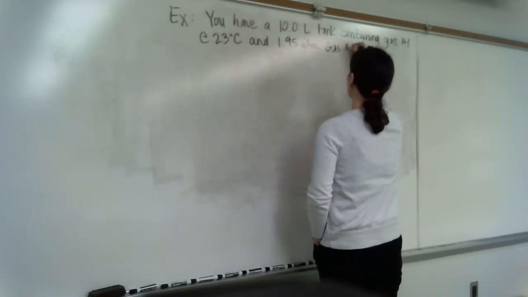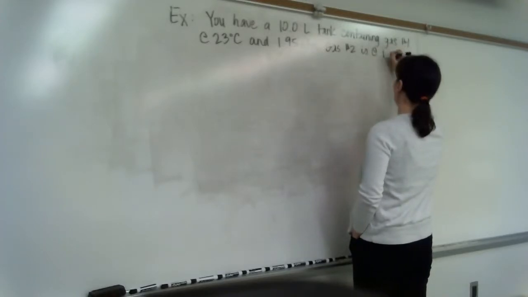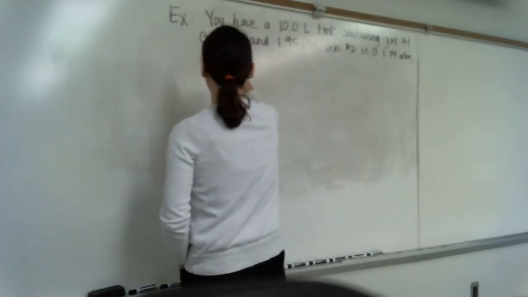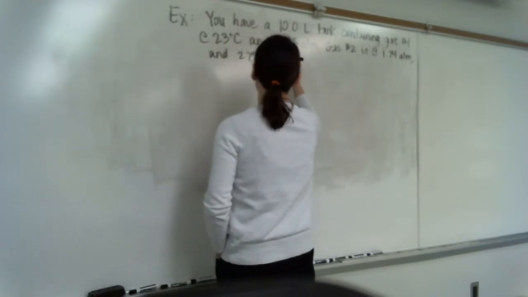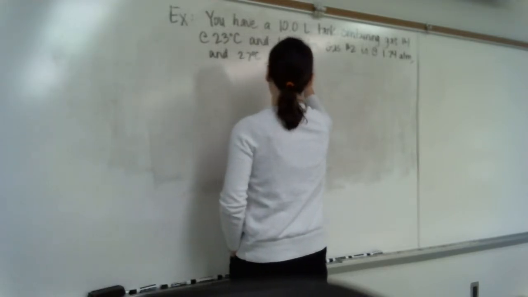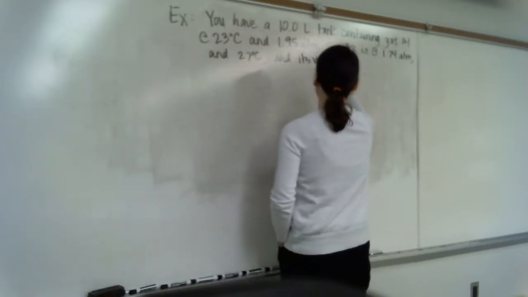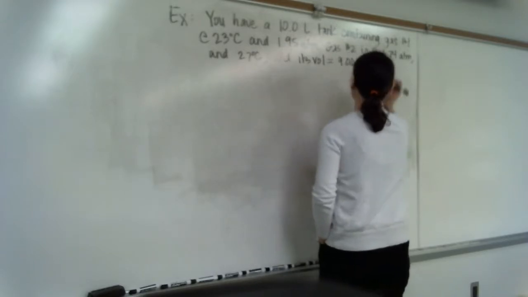Gas number 2 is at, let's say, 1.74 ATM and 27 degrees Celsius, and its volume is 9.0 liters.